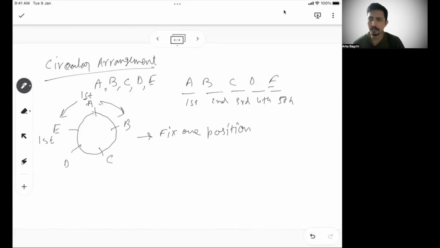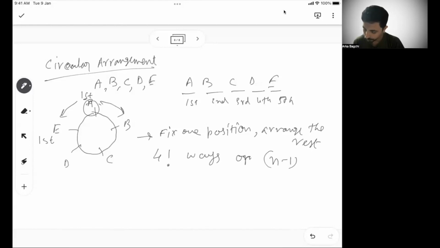So if I have to fix one position, let's say I have fixed the position of A. Now I'm seeing from A's point of view, and I arrange the rest. In this case, I can do it in 4 factorial ways, or you can say n minus 1 factorial ways.